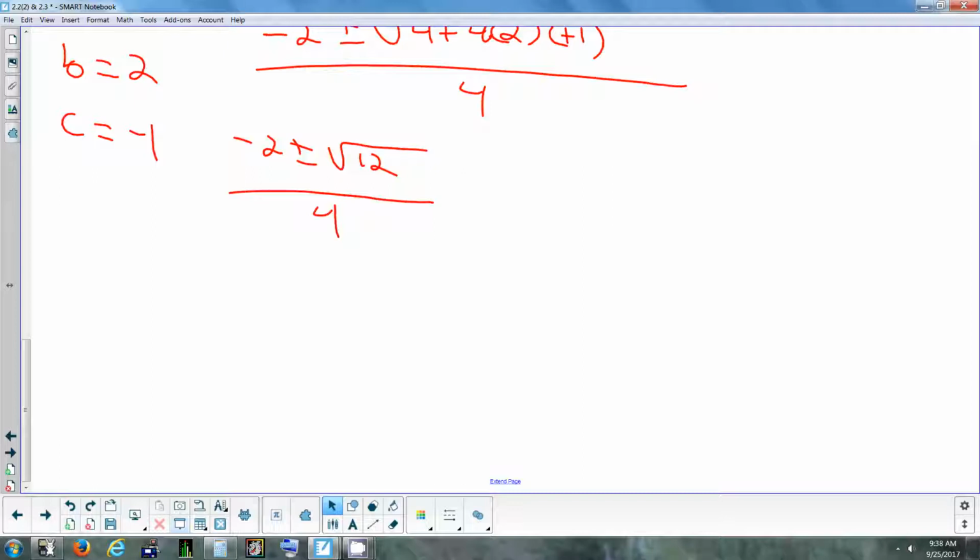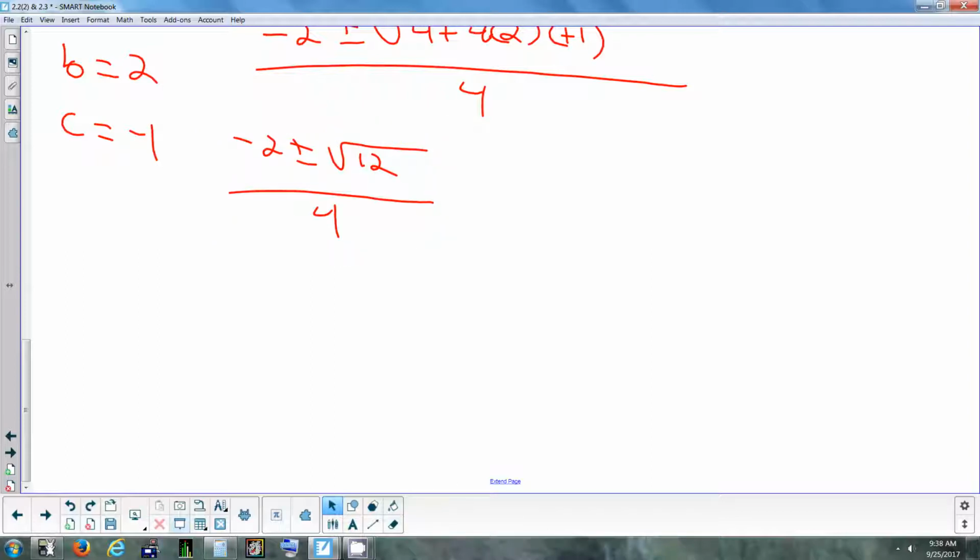Sam, is that as reduced as it could be? Wait, no, the 2 and the 4. You can't reduce it by 2 unless you have a 2 everywhere. So that would mean a 2 on the outside of this root, over here, and down in the bottom.